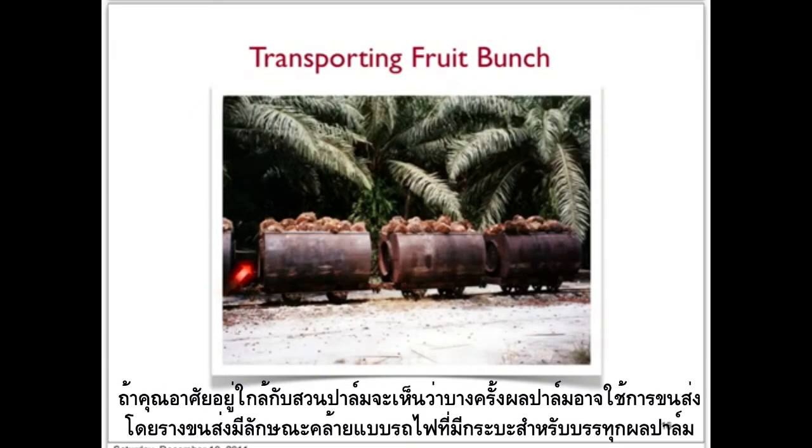So if you live near the plantation, you can see sometimes the fruits, in this case, being transported by the train here, and this train actually will go to the factory.